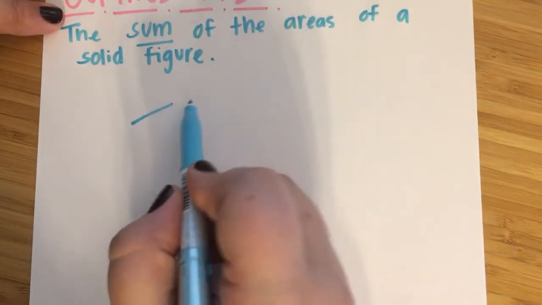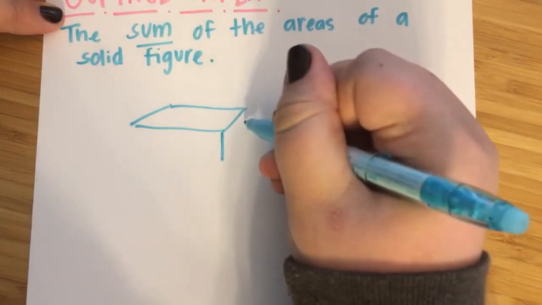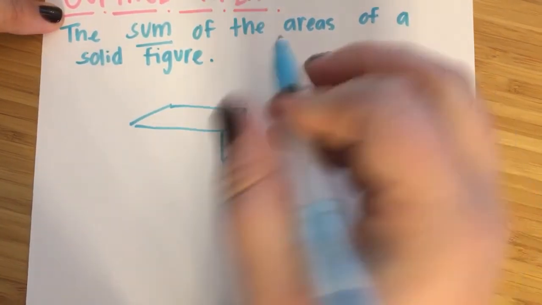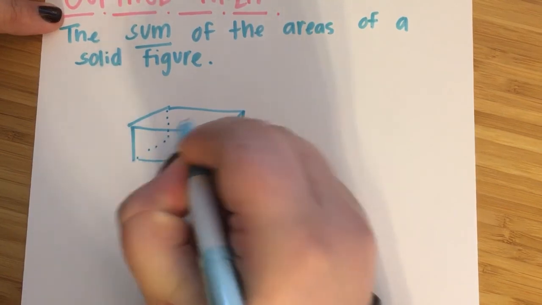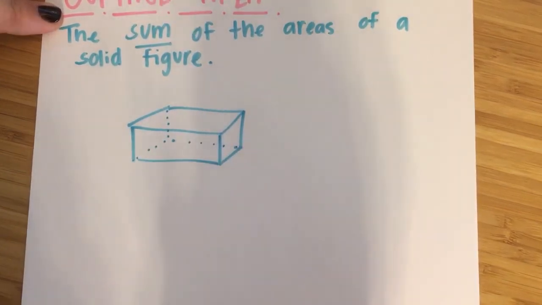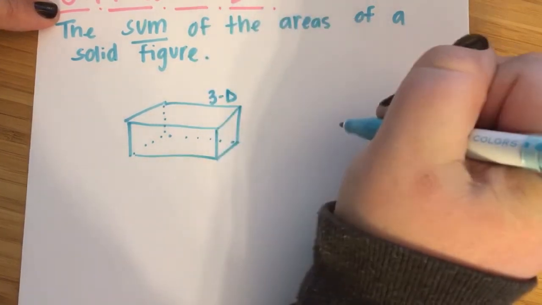I'm going to draw a rectangle and then I will make it 3D so we can see my net that I will draw next. So when we talk sum, we'll be adding, and I'm going to add all of my areas together for each of those parts.